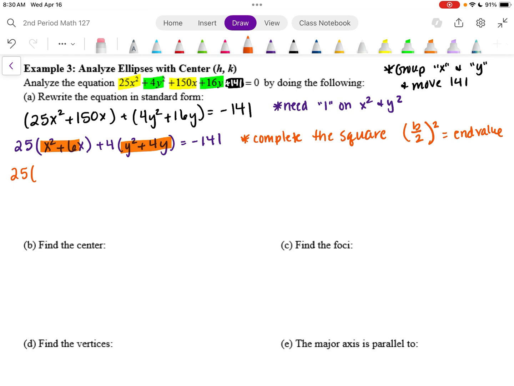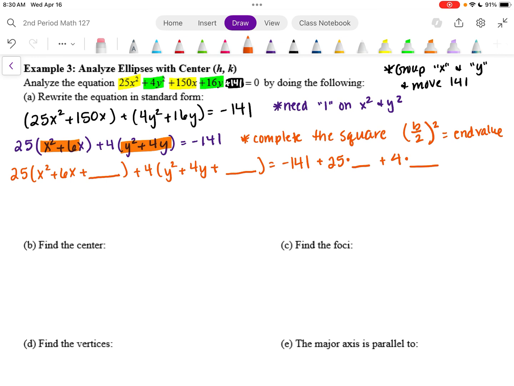So 25 times x squared plus 6x plus something, that's what we're trying to do, plus 4 times y squared plus 4y plus something. Well, whatever I do to one side, I have to do to the other. So on the left side, I'm taking that 25, and I'm going to times it by some number. And also on the left side, I'm taking that 4, and I'm going to times it by some number. If I'm adding a number to the left, I need to add that same number to the right to balance equations.